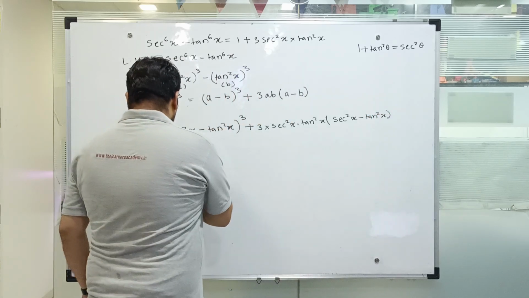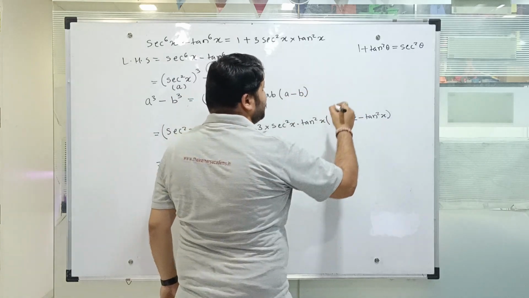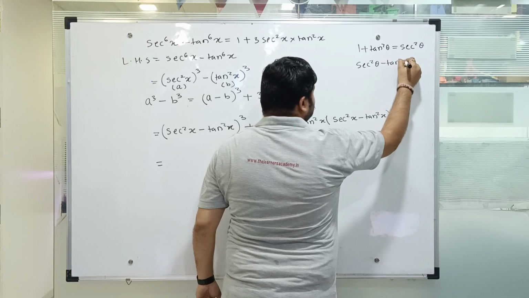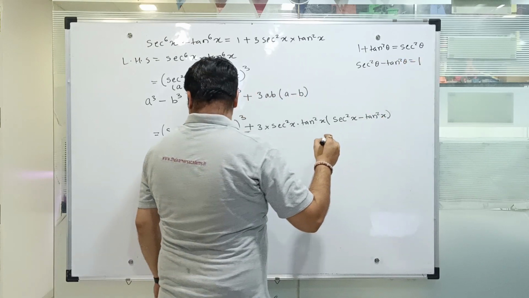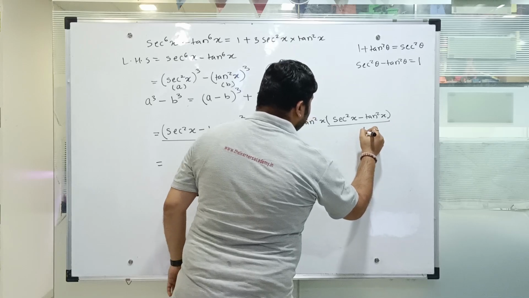Now if we consider our identity here, we can say that sec square theta minus tan square theta is equal to 1. So obviously this would become 1 and this would also become 1.